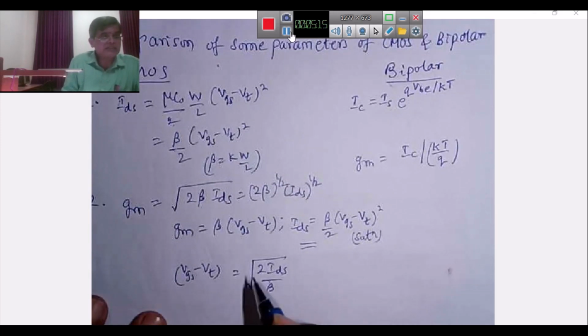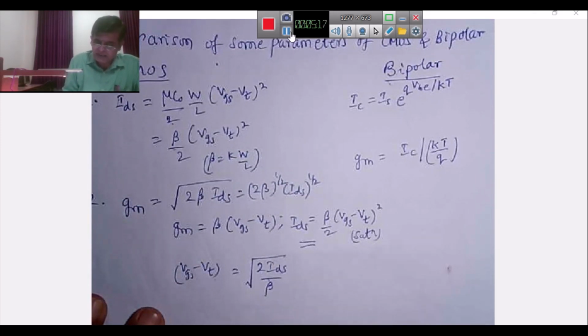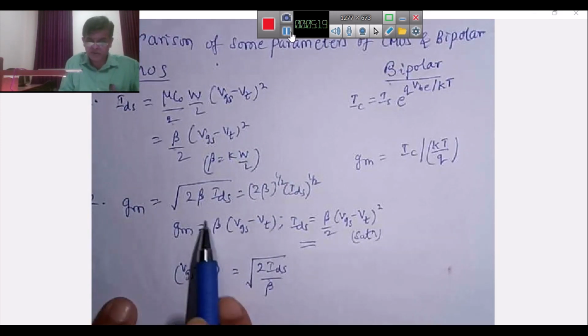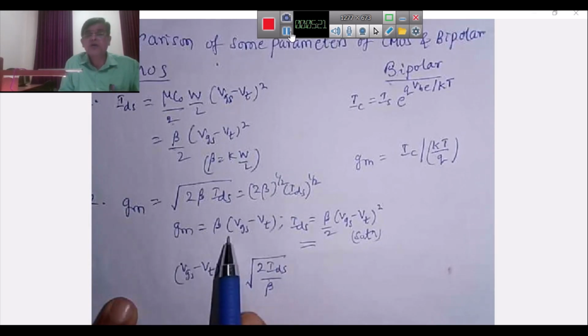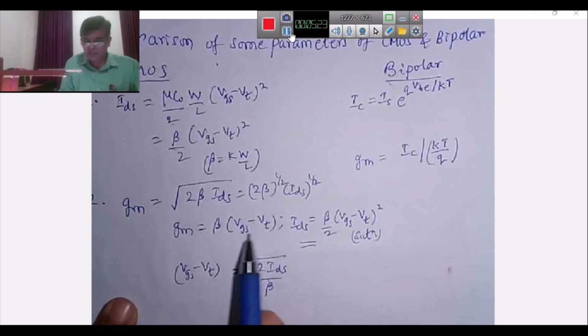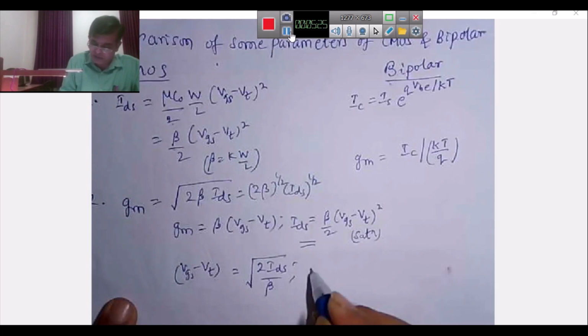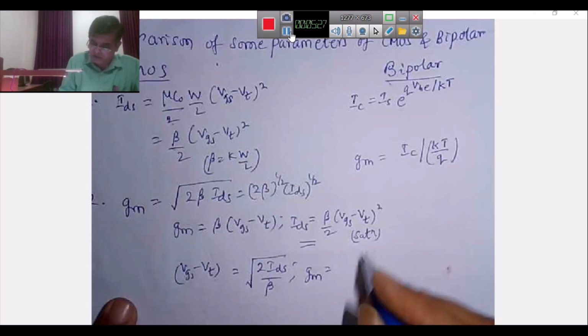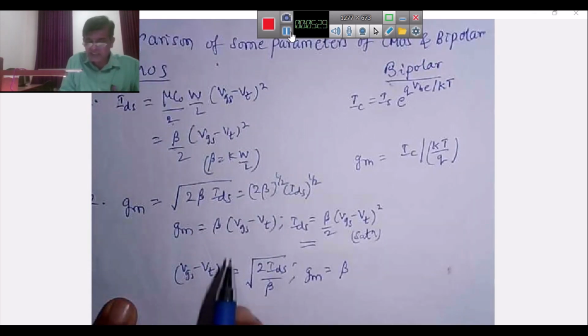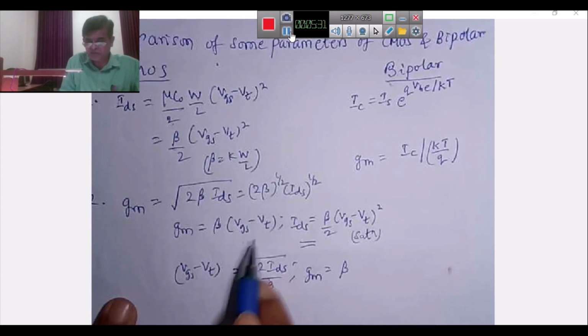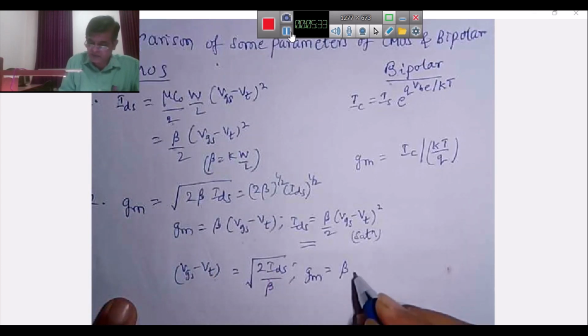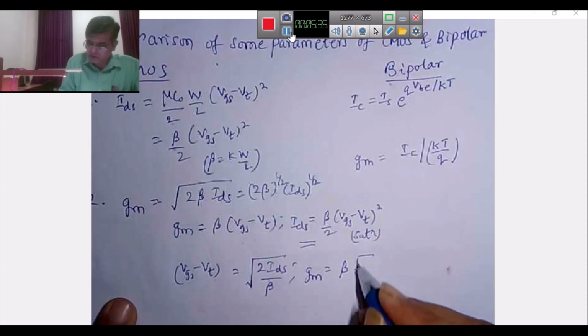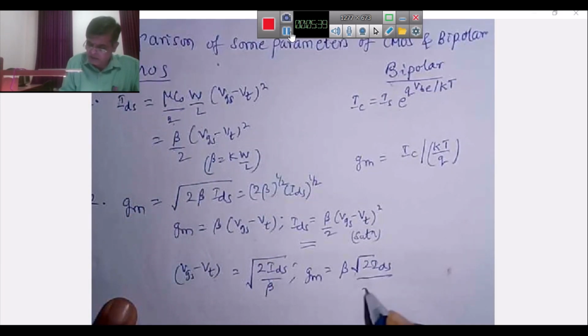Now I can simplify this. GM is equal to beta into VGS minus VT, and I can substitute VGS minus VT, which is under root of 2 IDS divided by under root beta.